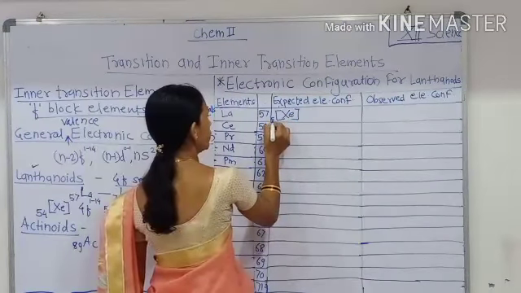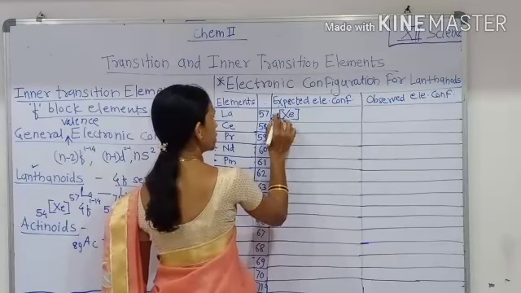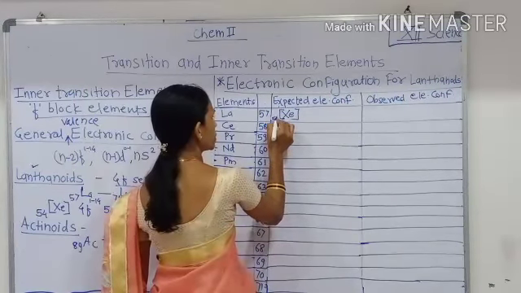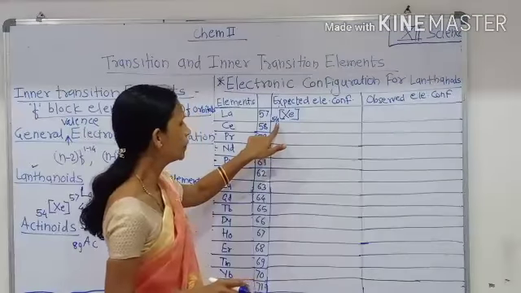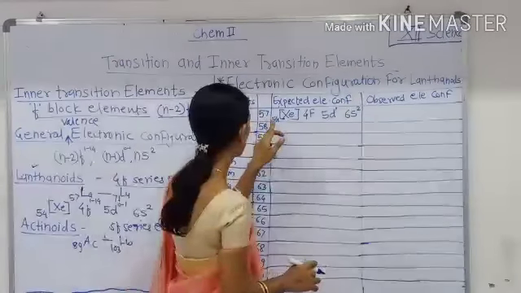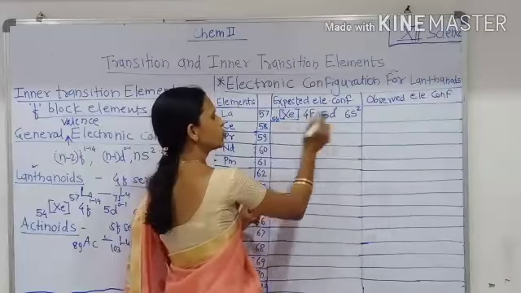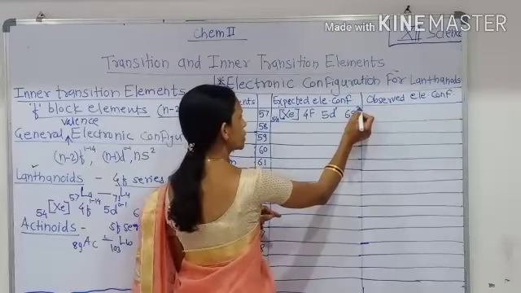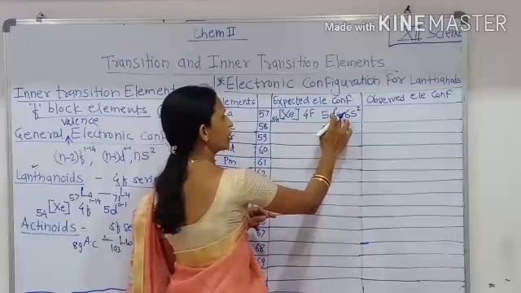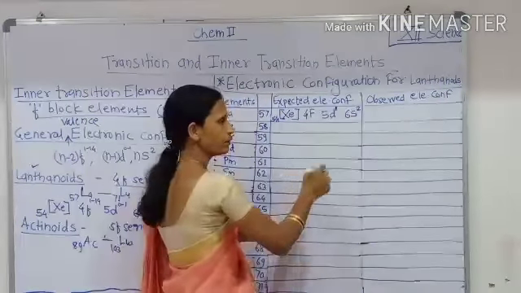Then see here the expected electronic configuration, using this general valence electronic configuration. Xenon has atomic number 54, that means its electronic configuration has 54 electrons filled. Then, of the remaining 3 electrons, 2 electrons enter into 6s2 and 1 electron enters into the 5d orbital.